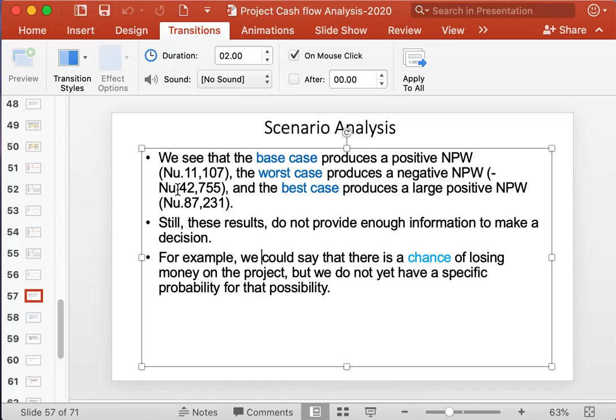So if somebody says not possible, that means the probability of minus 42,755 net present worth is 0. But is he really correct? No, with scenario analysis we can actually find out the probability of each of them.